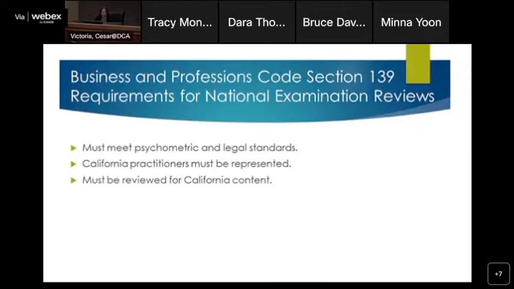But it's really important for all of our DCA regulatory entities that use national examinations to make sure that California practice is still being assessed in an important and critical manner, because sometimes states will veer off in terms of their scopes of practice. We know that scopes evolve, especially with COVID.